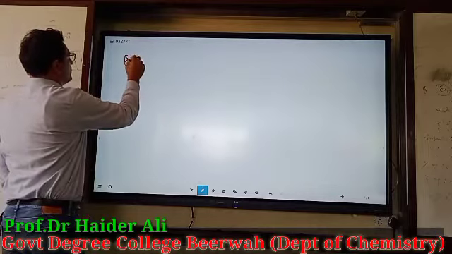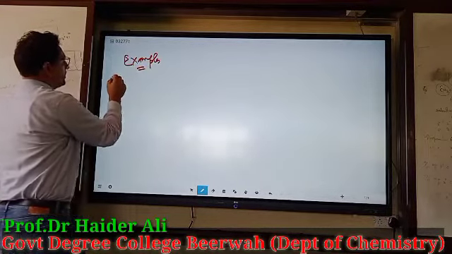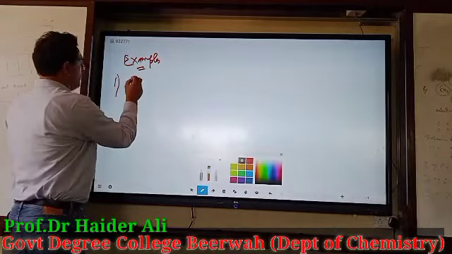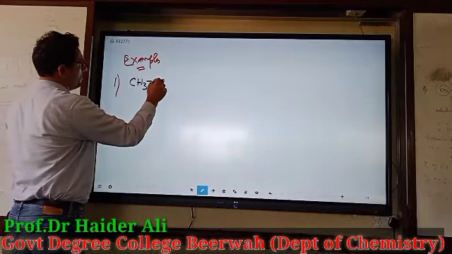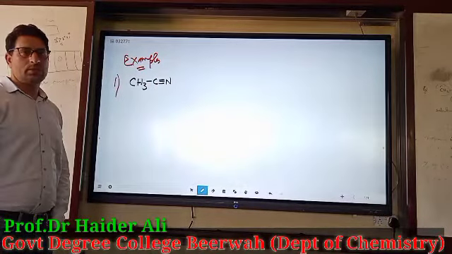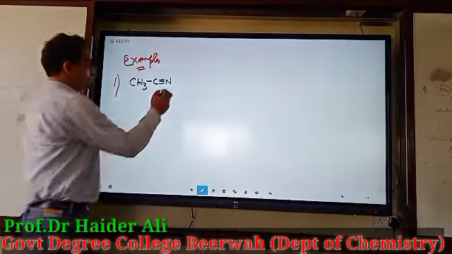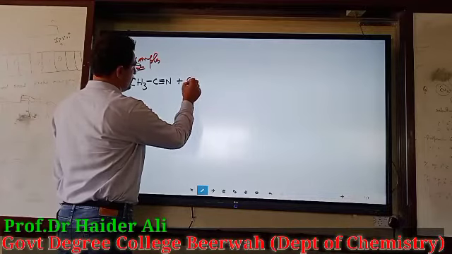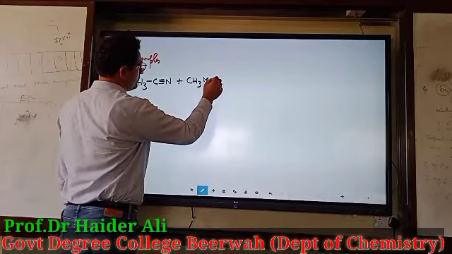Now examples. Example number 1. If we have this molecule CH3 single bond C triple bond N, ethane nitrile, or simply in common name we say methyl cyanide, right? If we made it react with Grignard's reagent, suppose if we have CH3MgBr, fine?